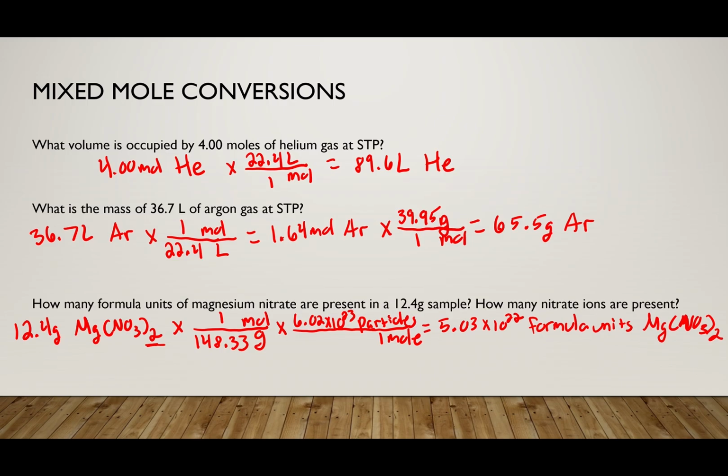So if we have 5.03 times 10 to the 22 formula units of magnesium nitrate, then we should have twice as many nitrate ions. And if we set that up, we have our 5.03 times 10 to the 22 formula units of magnesium nitrate times a 2 nitrate to 1 magnesium nitrate ratio.